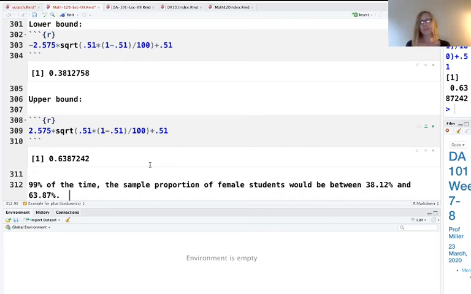If you took random samples of size 100 of Denison students, let me say that more clearly: if we took samples like this, there's a 99% chance that the percentage of female students would be between 38% and 63 something percent. We know what sort of samples to expect. And this is going to be the tool that we use to make the conclusions that we do a little later on.